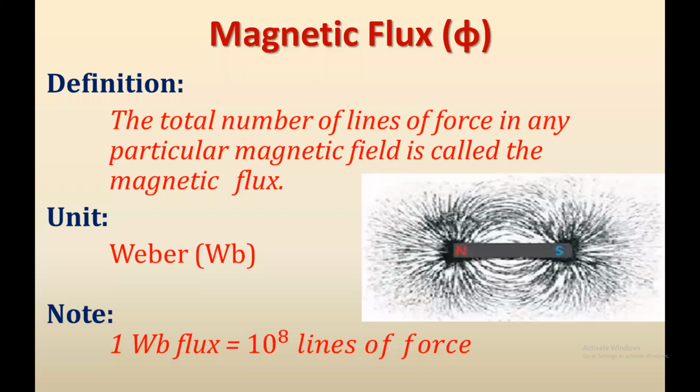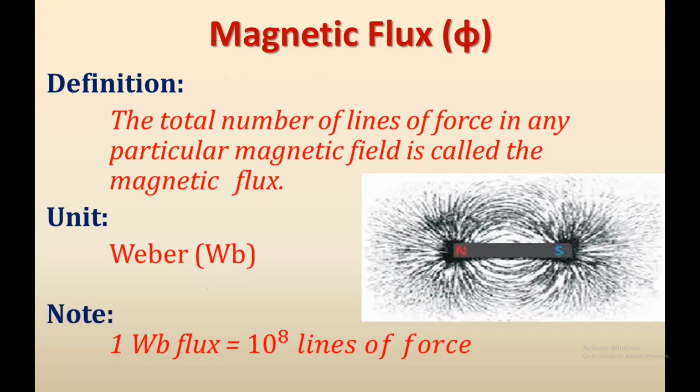Suppose this is a box, this is a magnetic region, this is a magnet. So the total number of magnetic lines of force in the magnetic field is called the magnetic flux. It means that the magnetic lines of force are also called magnetic flux. So the definition is: the total number of lines of force in any particular magnetic field is called the magnetic flux. Number of lines of force in a magnetic region is called the magnetic flux.